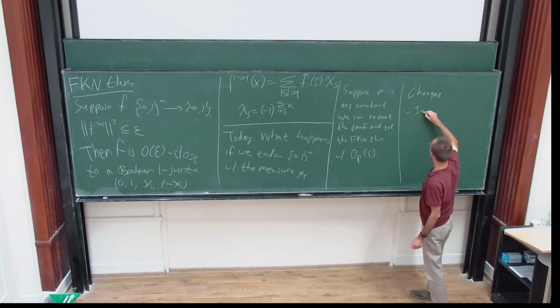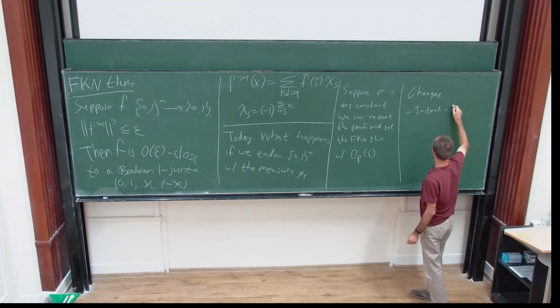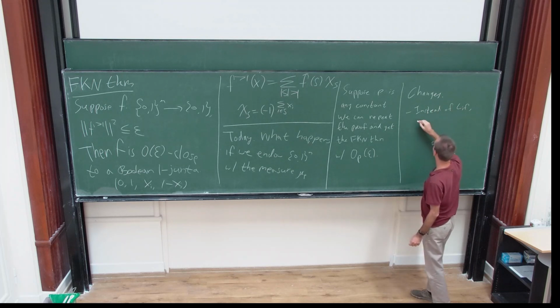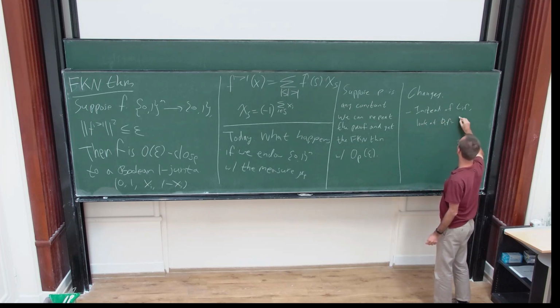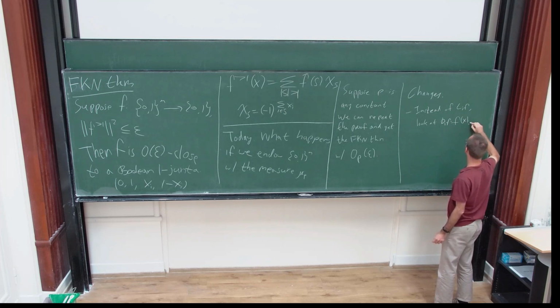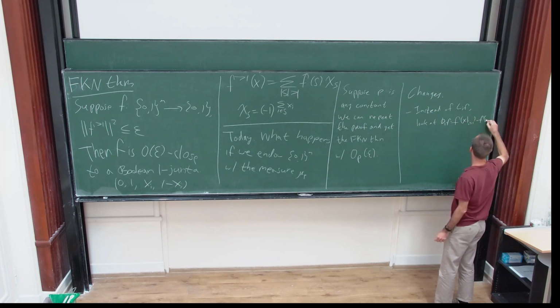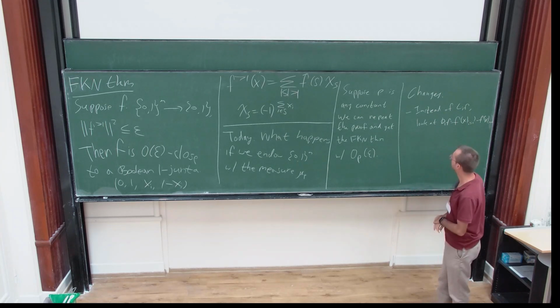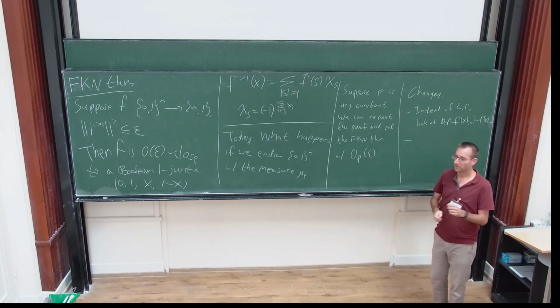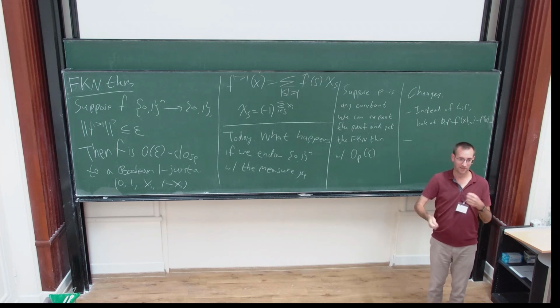So instead of L_i f, we look at V_i f, which is defined like this. This is just some technicality. And the other thing: when we were doing this approximation by a Gaussian, the error term involved the ratio between the third moment and the second moment of something.